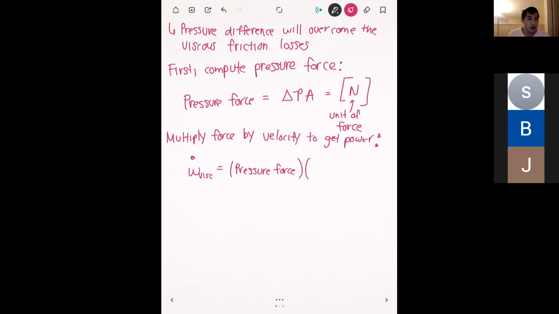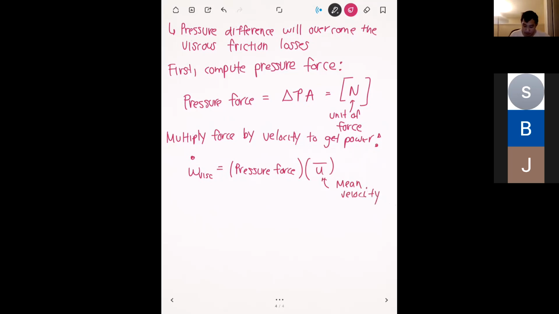It's hard to pick just one velocity because the velocity is changing as we go across the cross section. So the velocity that we're going to pick is U bar, where this U bar is a mean velocity, the average velocity across the cross section.